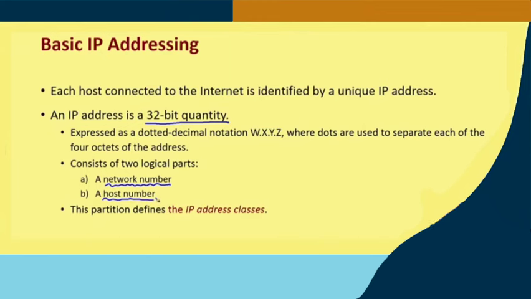This is somewhat similar to the way we specify the address of our house. We specify a country, a city, a street, then a house number. Similarly, here we are specifying a network, and within the network, which host. Depending on the way this partitioning is carried out, we can define these IP address classes. This we shall see.